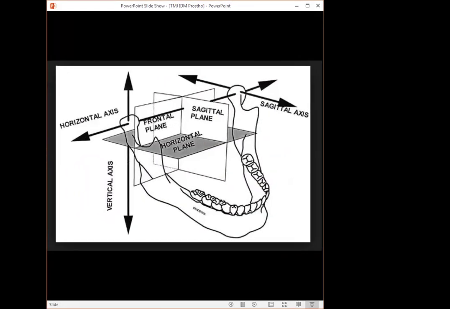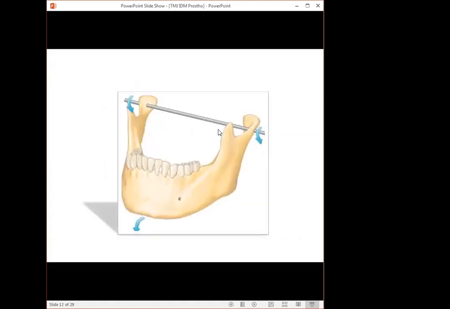Whenever the mandible moves, it can move in three planes. It works in the horizontal axis, the vertical axis, and the sagittal axis. These three-dimensional movements of the mandible are possible because of the various muscles of mastication. If the condyle passes a straight line, the mandible can rotate, and both condyles usually move simultaneously.